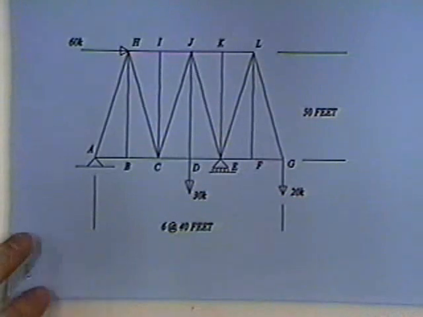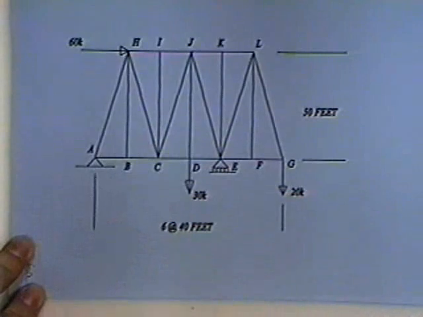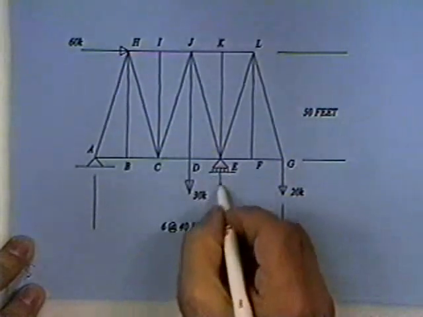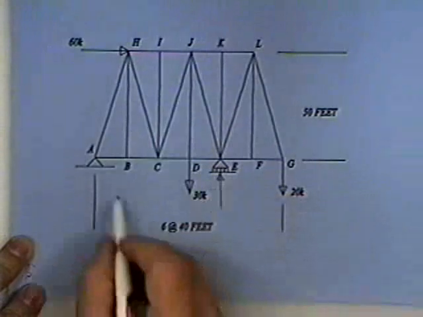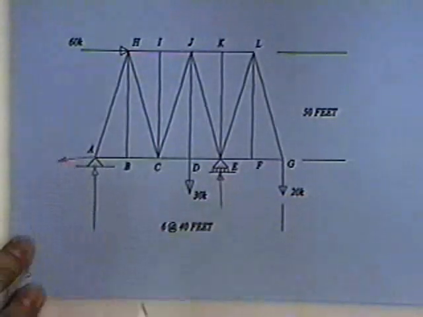It has the same tendency to roll about any point, and in our world it cannot be permitted to do so. So a set of forces will result which will not allow the structure to move.